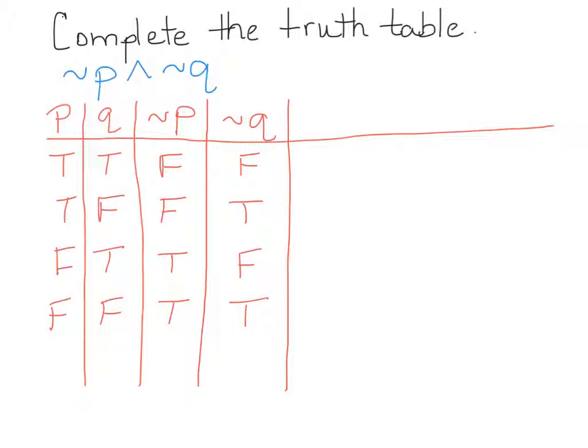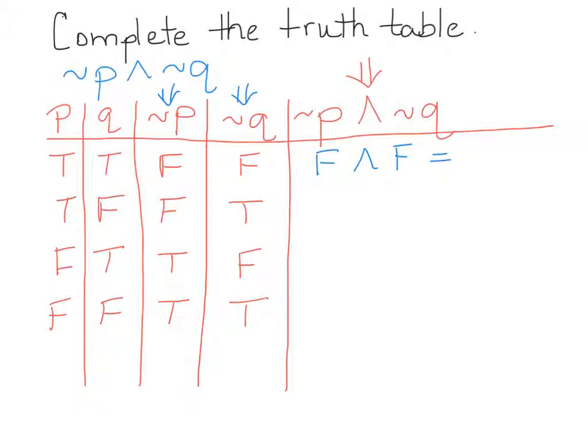Alright. Then I put them together. Not P and not Q. We're looking at this connective, and. Well, we know that and, according to the conjunction truth table, is only true when both are true. So I'm looking at now not P and not Q. So I'm going to have false and false.